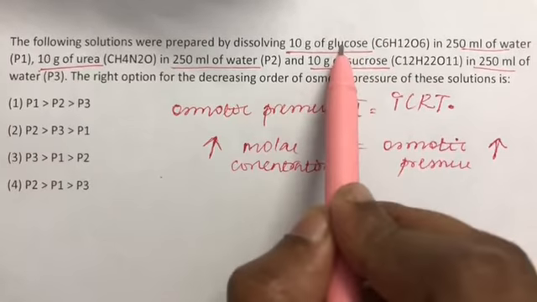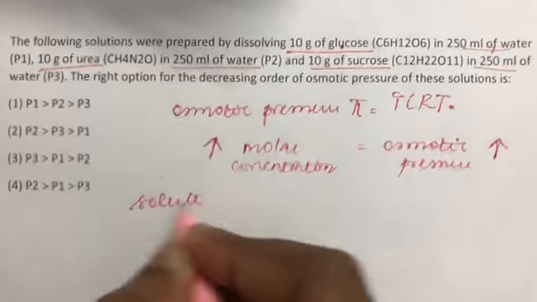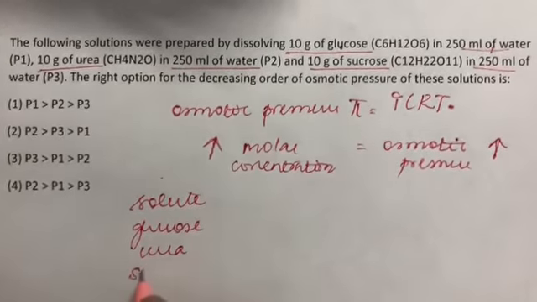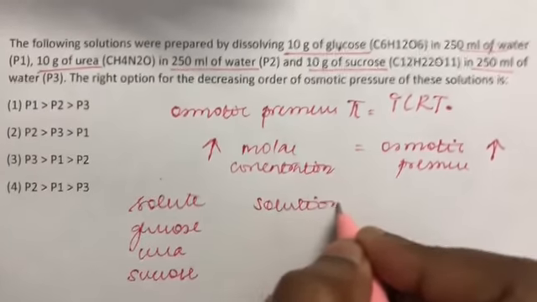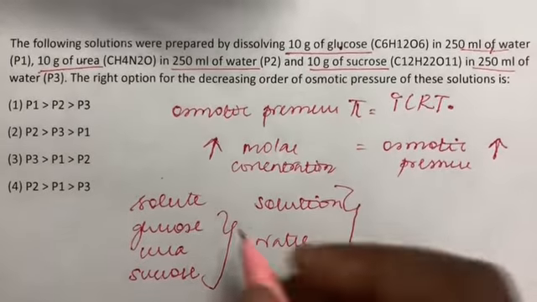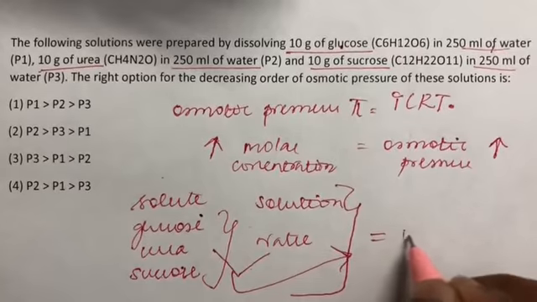What they are trying to say is that the weight of the solute and the solution are equal. The solutes are glucose, urea, sucrose, and the solvent for all the 3 is water. All the 3 are equal in amounts.